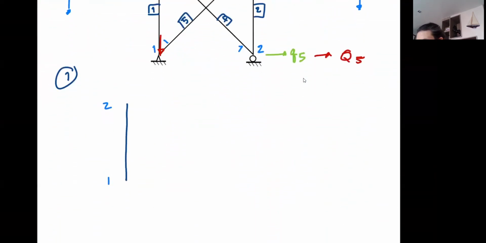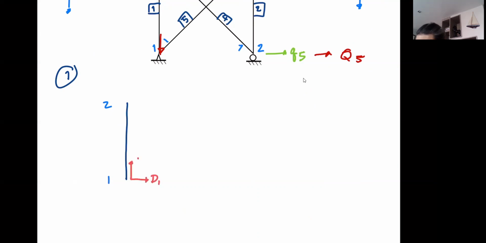So when I look at my member number 1, I should have delta 1, right?